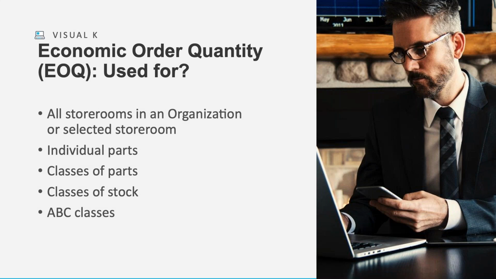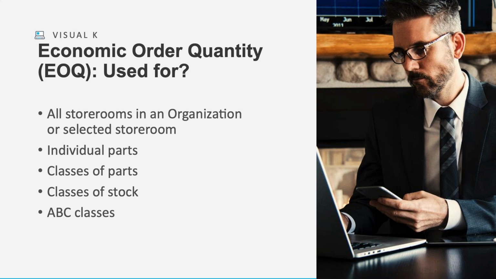So we can select all the warehouses within Infor EAM setup. We can look at those as individual parts or as classes of parts, right? For example, I'm looking at pumps, specific types of pumps. Well, I can use that class in order to pull information related to that specific type of it.